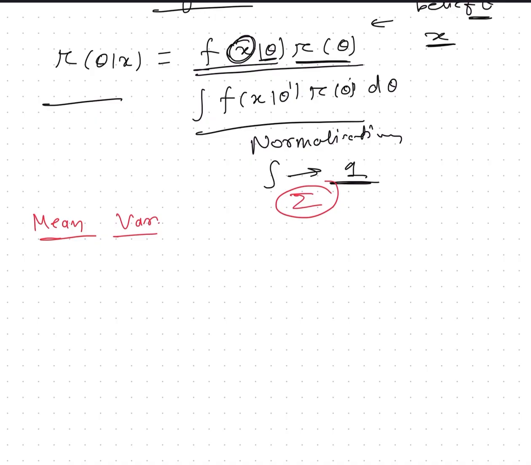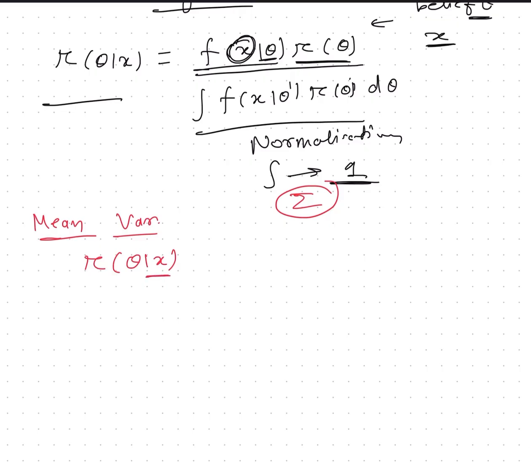Once we know our posterior density, pi of theta given x, we can also call it our updated belief over theta after seeing the data x.